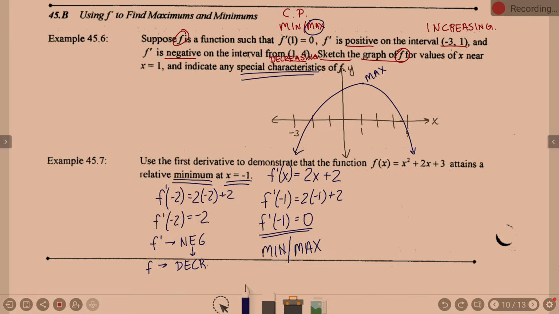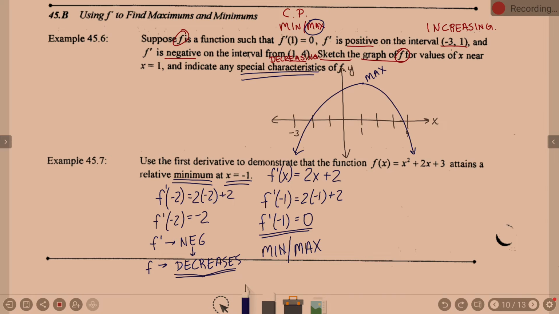If the derivative is negative, the graph decreases. Again, you can't stop, because if it's decreasing on the right of it too, then it's just an inflection point. It's not actually a min.